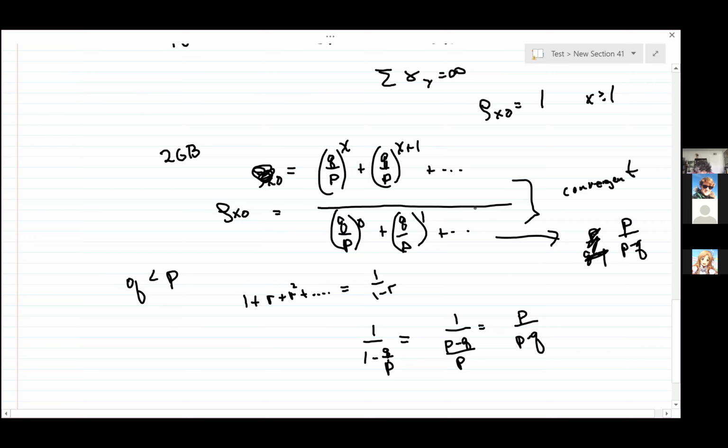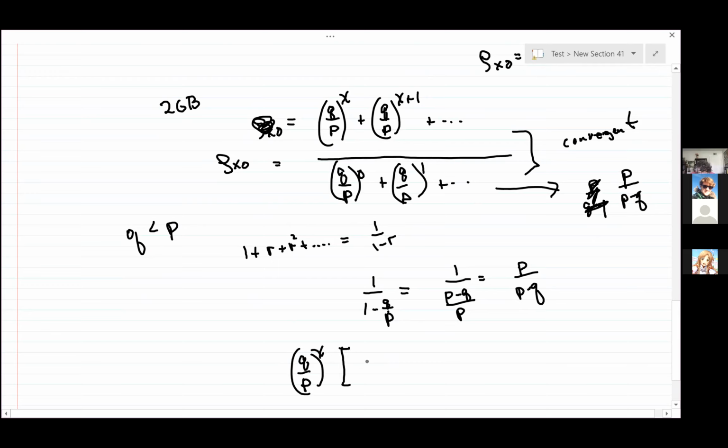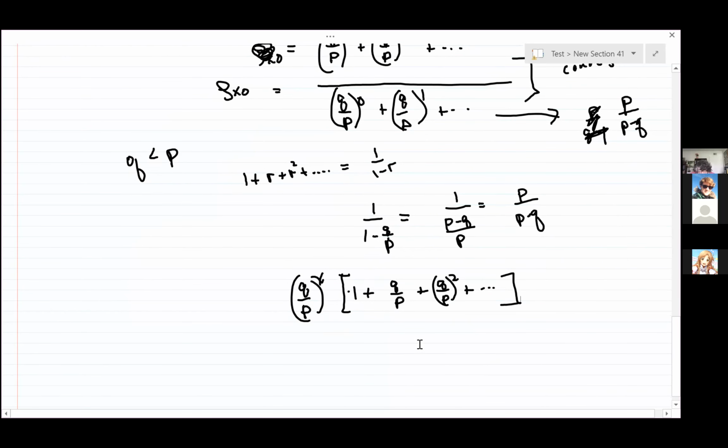What about what's upstairs? What's upstairs looks almost the same. In fact, you could just factor out a Q over P to the x and make it look the same. And then it looks like 1 plus Q over P plus Q over P squared, etc. Okay, and so what does this converge to? We already saw what this converges to.